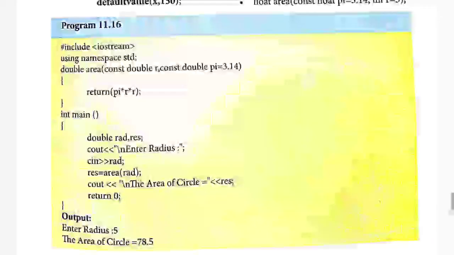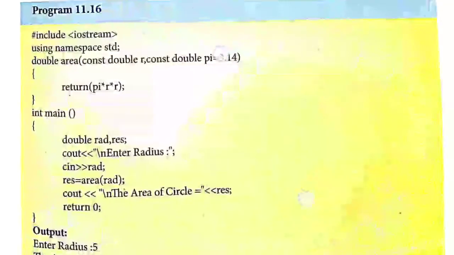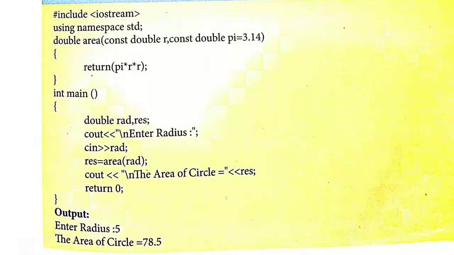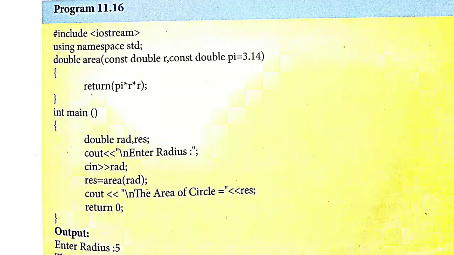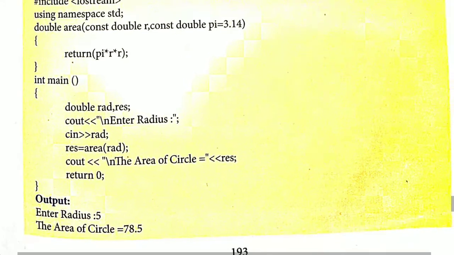Here you can see an example for const argument and default argument. Here you can see the double area. In that they have created constant double r. So r is a constant argument, and constant double pi is equal to 3.14.